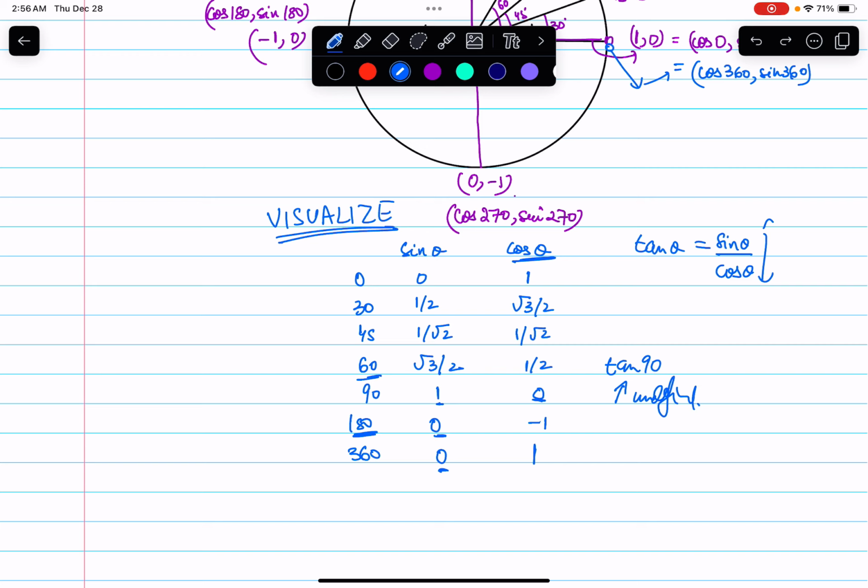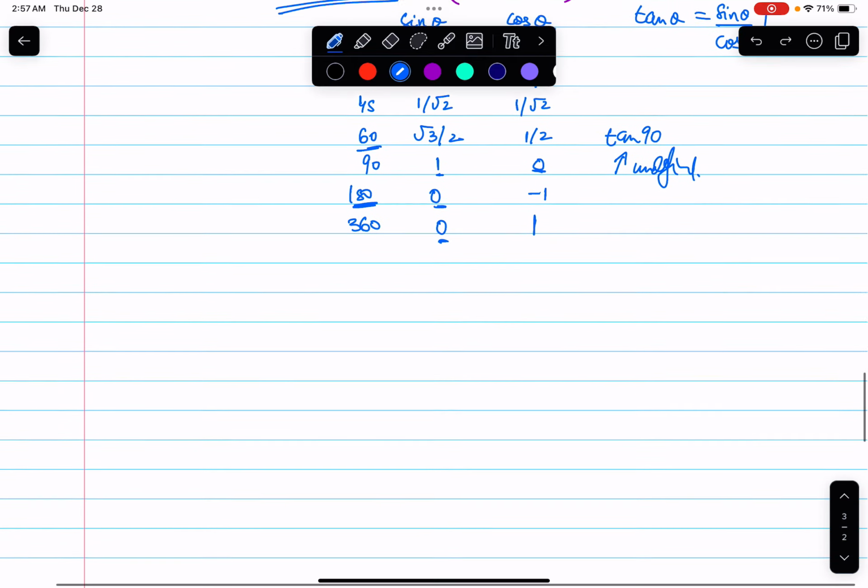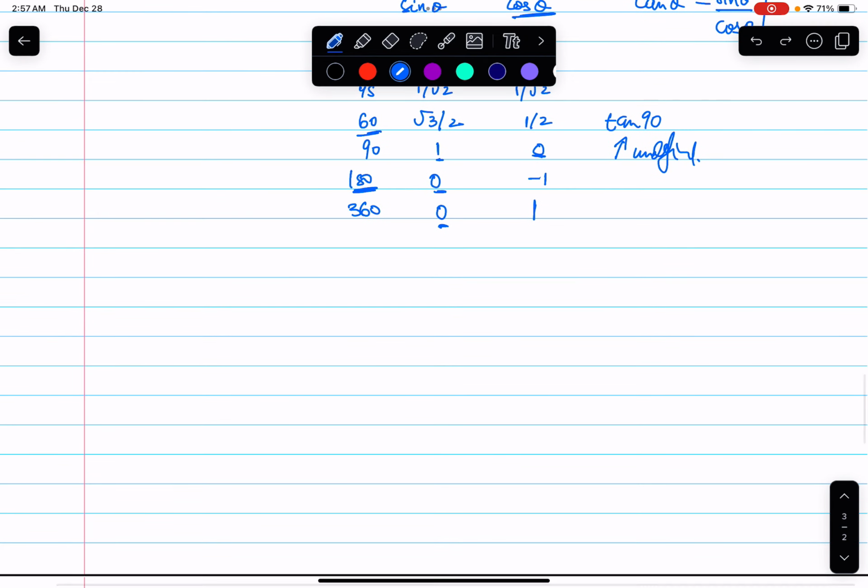Good. So now after this, the other thing that we can do is visualize sine of negative theta and cosine of negative theta, right? So we can see these things over here.